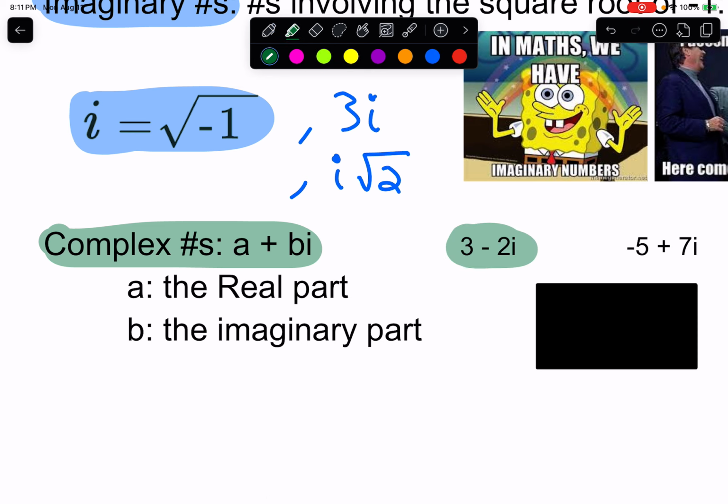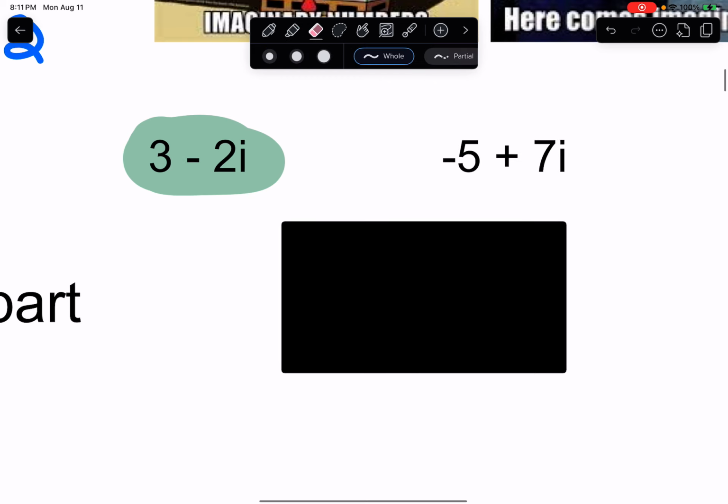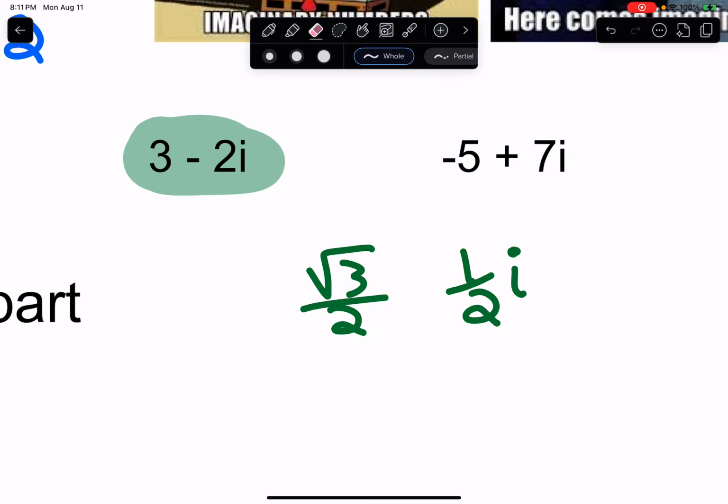The real part is 3, the imaginary part is the 2i. We have -5 plus 7i. I just wrote another example here of something that you might see in trig next year: root 3 over 2 minus 1/2 i, or you could write i divided by 2 if you wanted to, okay?